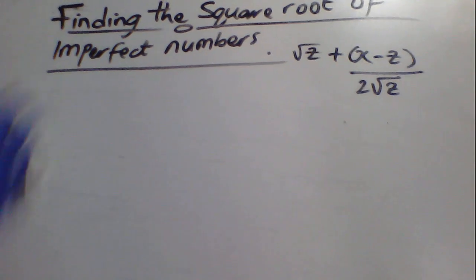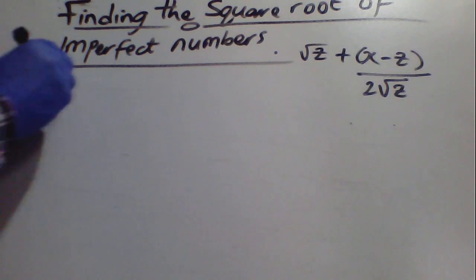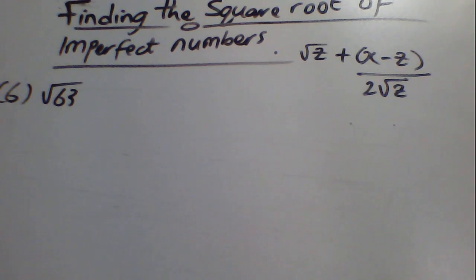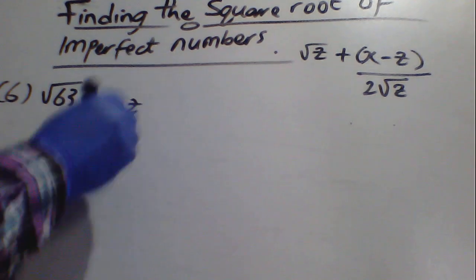You are required to find the square root of 63. This is the example, the square root of 63. So you see, in this case, the nearest perfect square is 64.